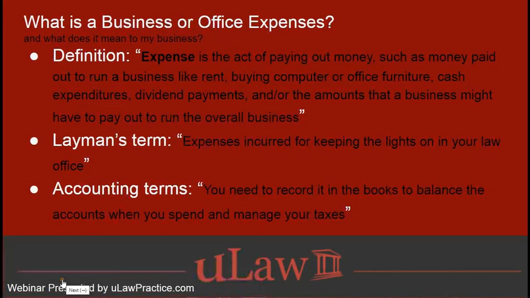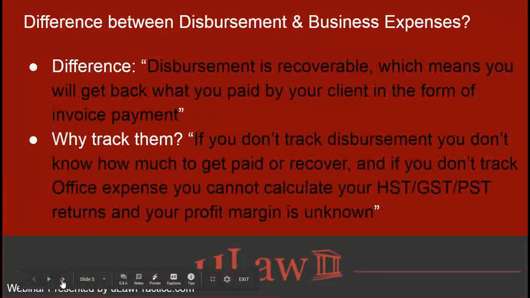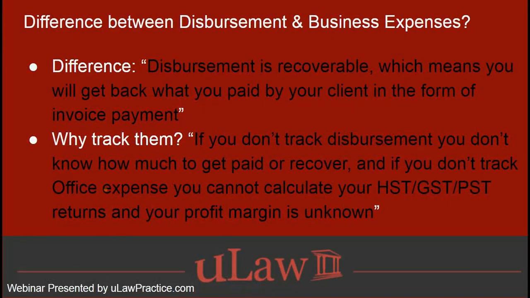So bottom line, there are two different categories of expenses in a law office. You've got disbursements that are recoverable from clients, based on expenses for a specific client's matter. You then have, on the other side, business or office expenses that are meant to keep the lights on in the business itself. Okay? And there you go. Disbursements are recoverable.